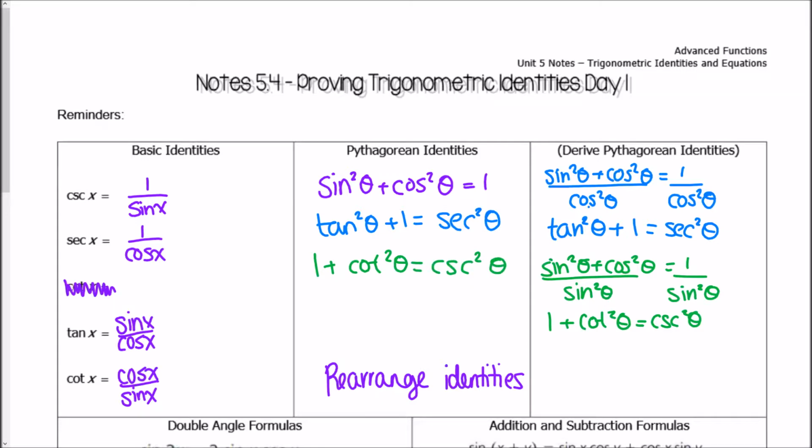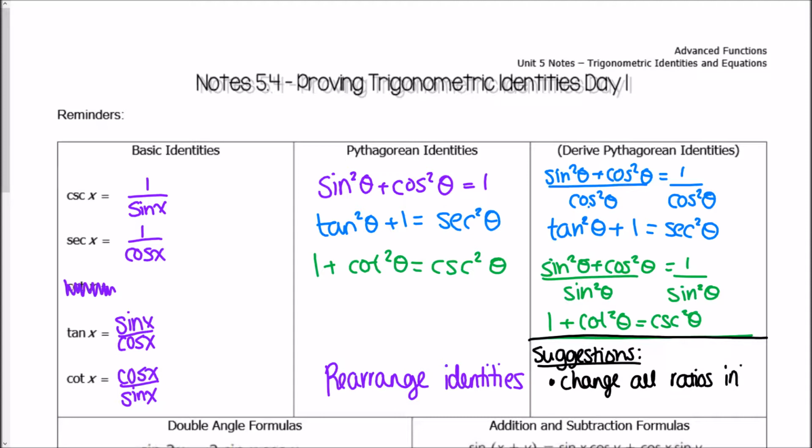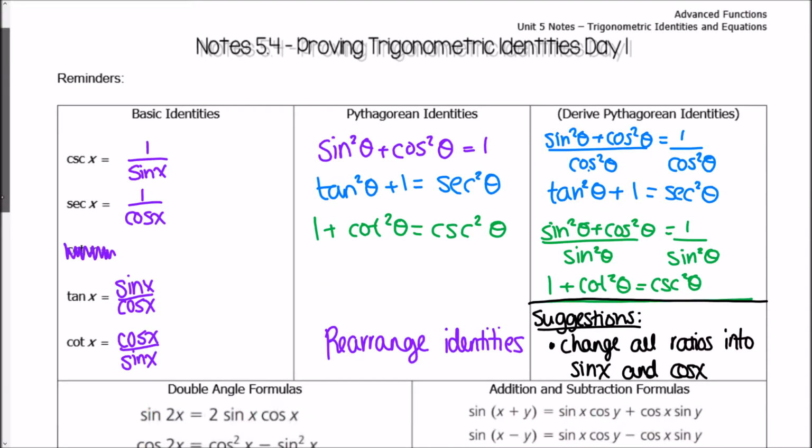All right, so some suggestions when we are doing trigonometric identities. I strongly suggest that you change everything, change all ratios into sine and cosine. Okay, that's my first suggestion.